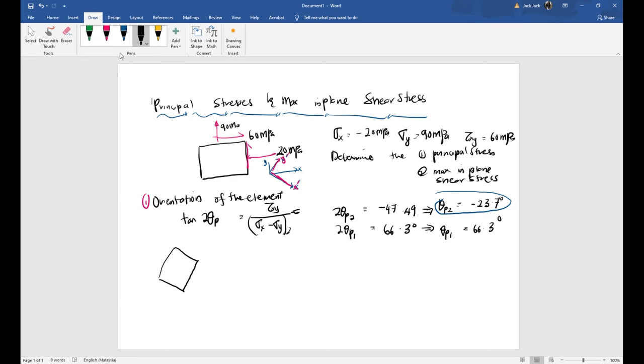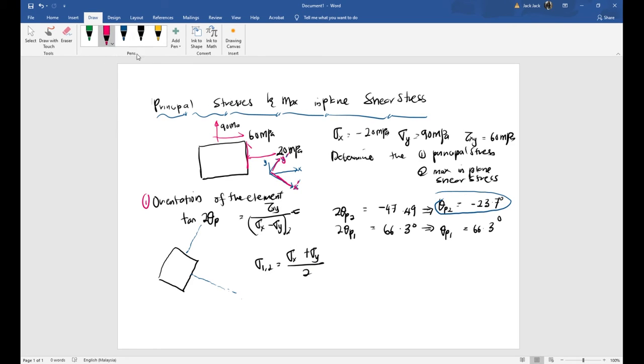So our task right now is to determine the principal normal stress, which is perpendicular to this plane, and then the other one. So we have two different values, sigma x or sigma y. But we can just simply use our equation from before. The maximum or minimum principal stresses can be calculated using this equation, which is equal to sigma x plus sigma y, divided by 2.